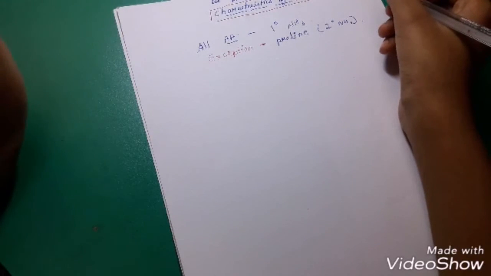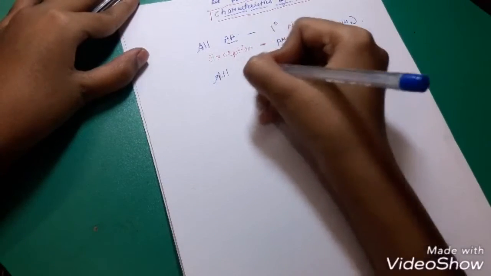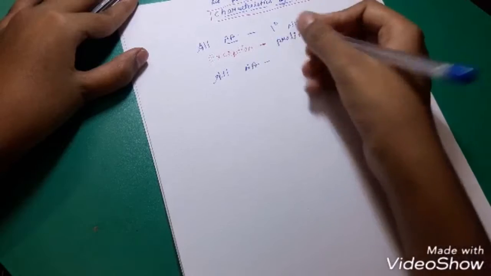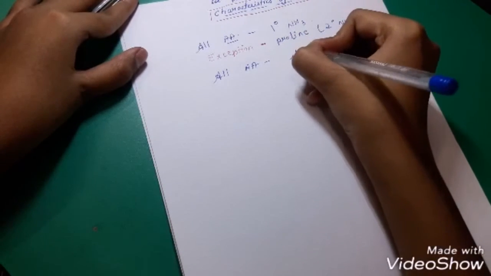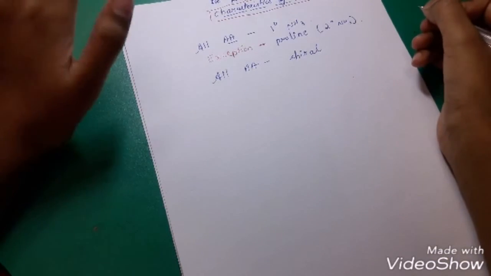Okay. And one more thing, there is an exception: all amino acids are chiral. Do you know the difference between chiral and achiral?